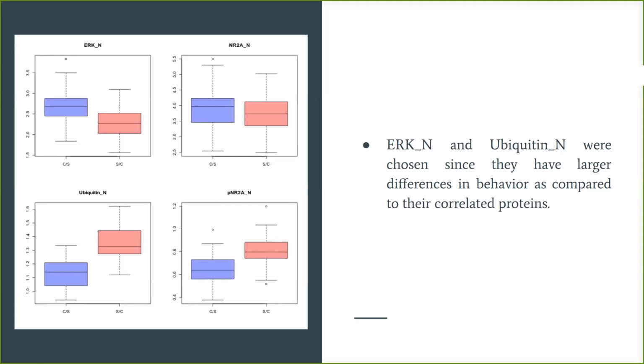As we can see here, ubiquitin and PNR2AN show a difference in value. So we chose these 2. Next.